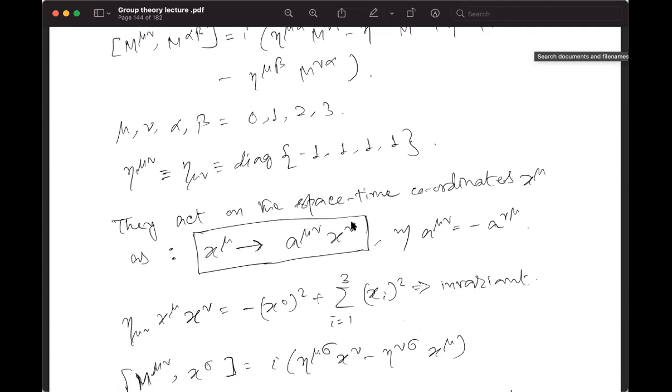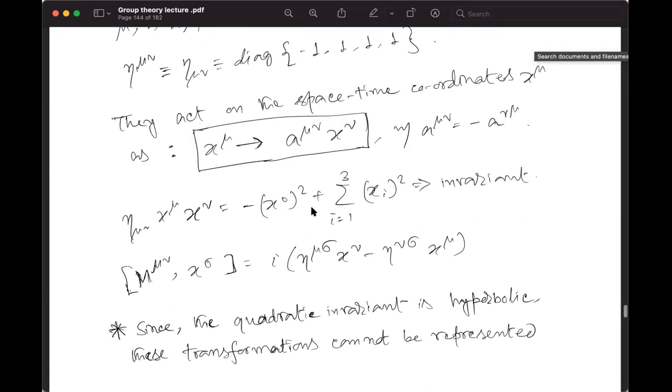Now they act on the space-time coordinates as x^\mu going to \Lambda^\mu{}_\nu x^\nu, where the generator is antisymmetric. That defines a kind of length squared, which is slightly different from the Euclidean length. You can see there's a different signature here, and that reflects the non-compactness of this kind of group.